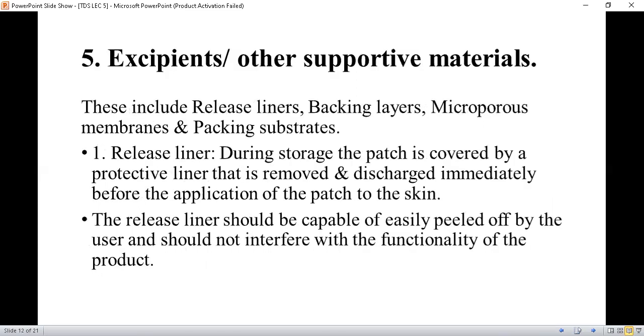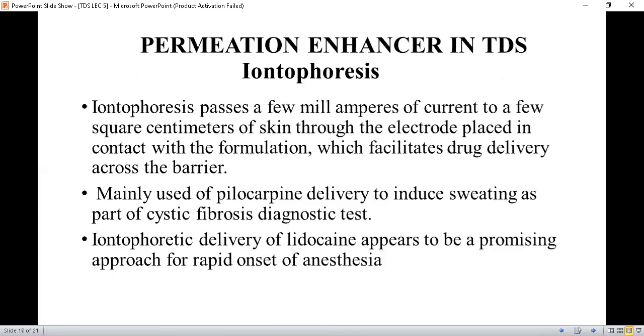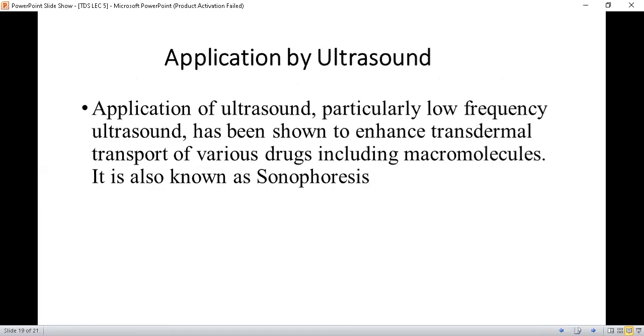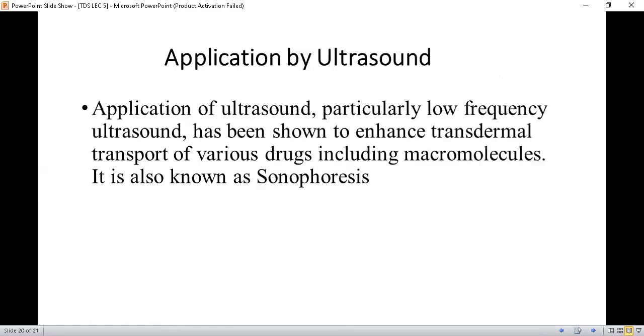Next, excipients and other supportive materials for a transdermal drug delivery system include liner, backing layers, microporous membrane, and packaging substances. So all these things we have discussed in this lecture. This was all about the transdermal drug delivery system.